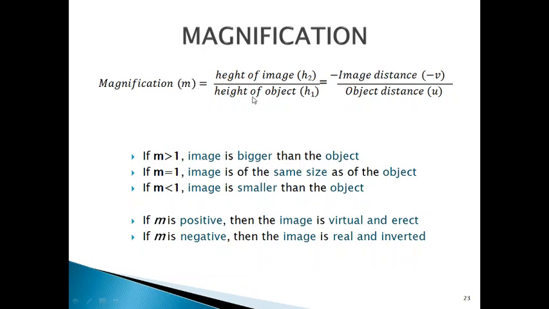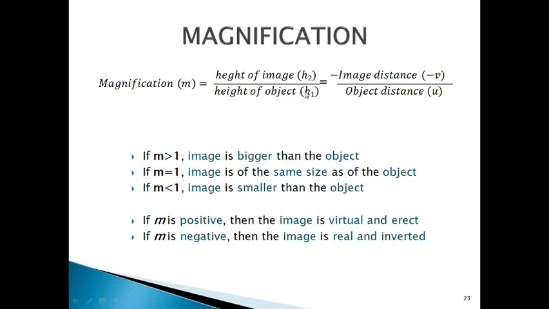So if, let us say, h1 is the height of the object and h2 is the height of the image, then the magnification m produced by the spherical mirror will be h2 upon h1. Okay.